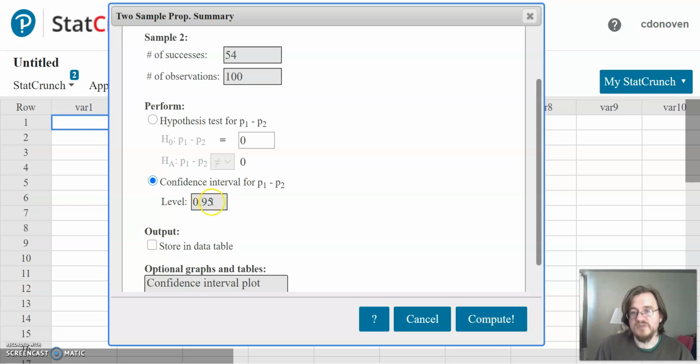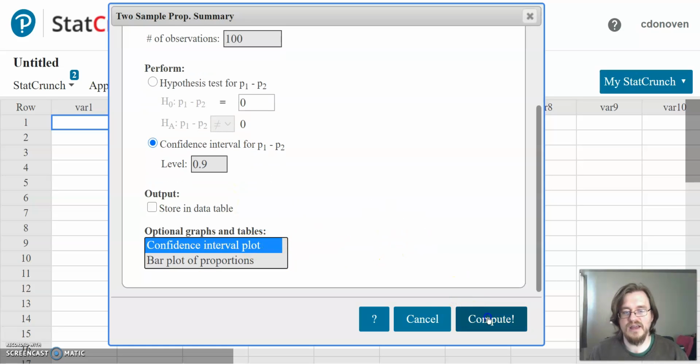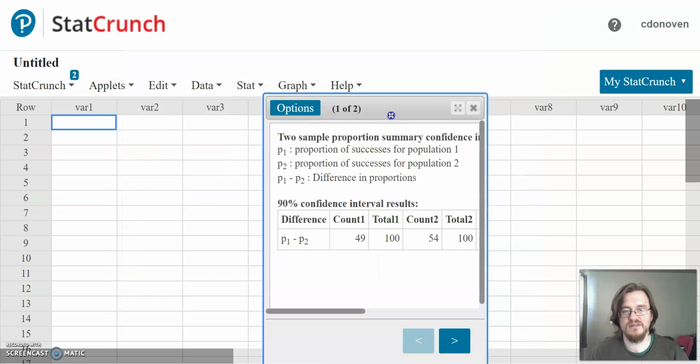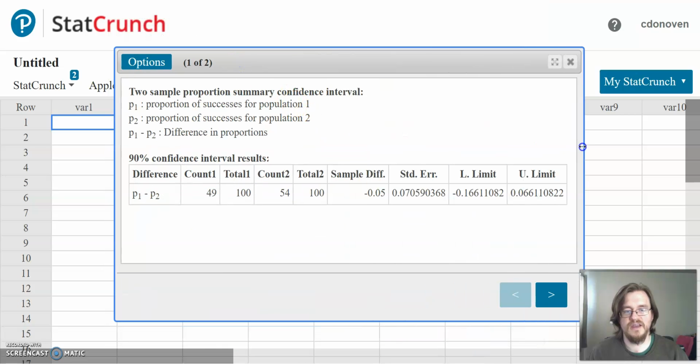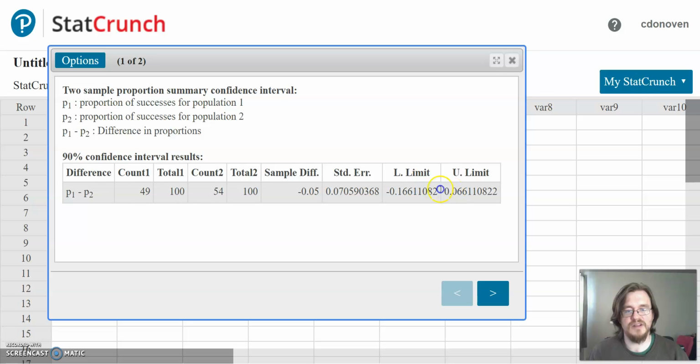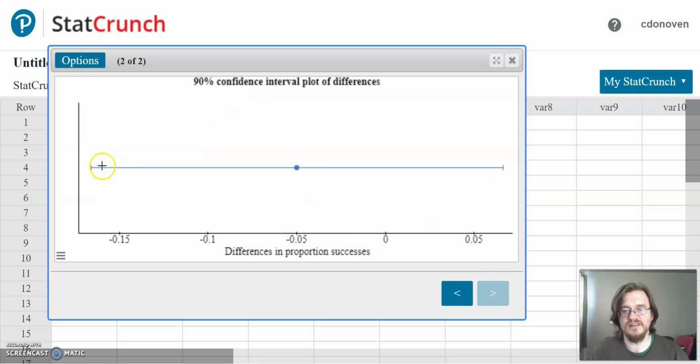Since alpha was 0.1, meaning 10%, our confidence is going to be 0.9, and we can compute our confidence interval, and we get the same upper and lower bounds, which contain 0, as is shown in this nice picture.